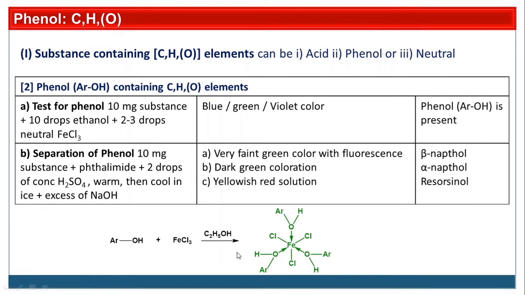So complex formation will be there, and this complex has either blue, green or violet color according to which phenol is present in the organic compound. So this is the reaction. In many cases the examiner will ask what is the reaction of phenol with FeCl3 and why this is giving a green, blue or violet color. So you should know this reaction.